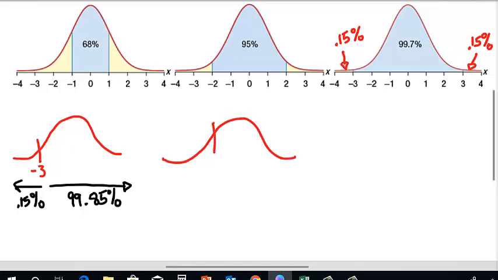So now let's see if we can do that for negative 2. So if I was at negative 2, in between negative 2 and 2 we have 95%. So I'm missing 5%. Well, that 5% that I'm missing is divided among these two tails. So because this is symmetric, this is going to be 2.5%. And up here is going to be 2.5%.